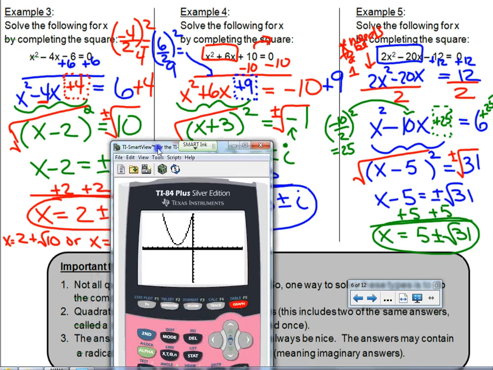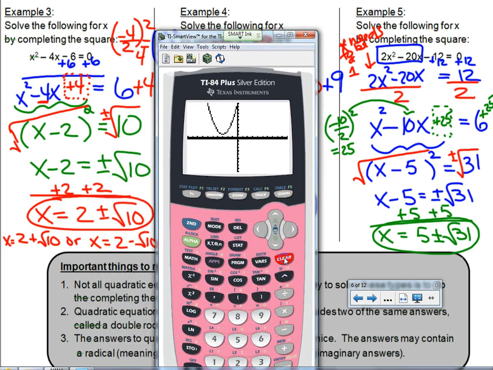Now, if you really, really want to check, you can check. You, in fact, can use the table to check, or you can do it on your home screen and store. I'll do it by the table method. You put the left side of the equation in graph 1.